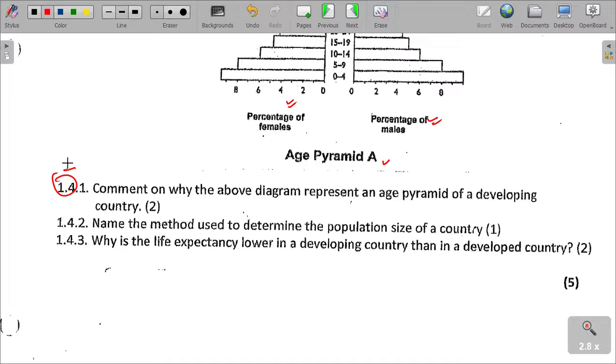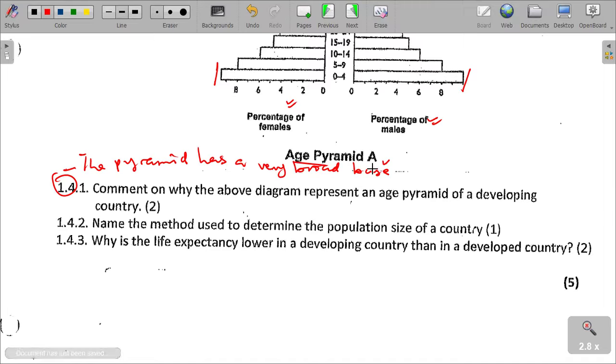The pyramid has a very broad base, as you can see from there to there, due to high birth rate.